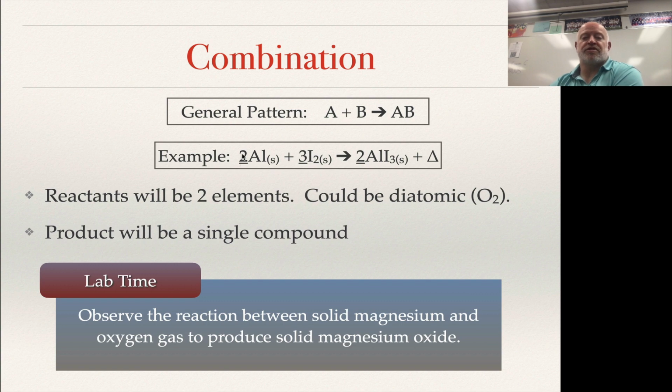Same thing with the coefficients, the 2, the 3, and the 2 here. They're there to balance our equation. They play no role in identifying the type of reaction we have, which is a combination reaction. Okay? When we get to lab time, we'll be doing something very similar. We'll be taking magnesium and reacting it with oxygen to make some magnesium oxide. But that's our combination reaction type.